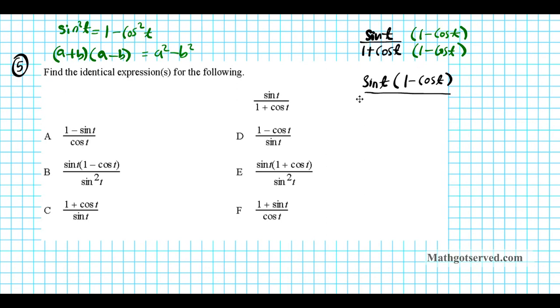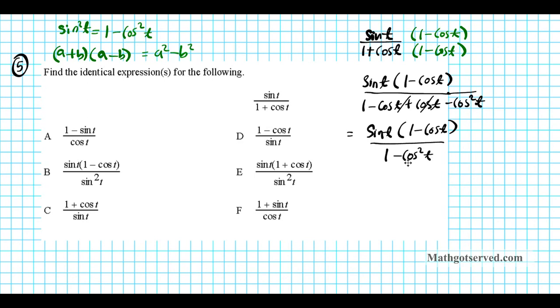If you pull this out, first, outer, inner, last, you're going to have 1, first, outer, minus cosine t, inner plus cosine t, last, minus cosine squared t. So you notice that the two terms in the middle cancel out, right? So we now have sine t times 1 minus cosine t over an identity that we know, 1 minus cosine squared t.